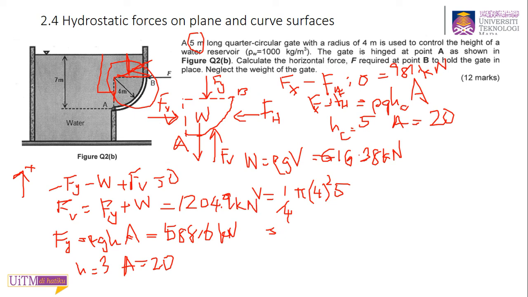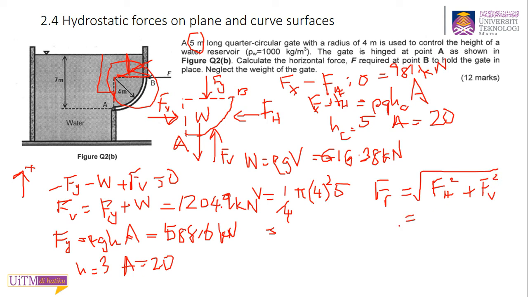So now what else you need to do? Kita cari dia punya resultant force. Okay, FR equals to square root of FH square plus FV square. What's the value for FR?